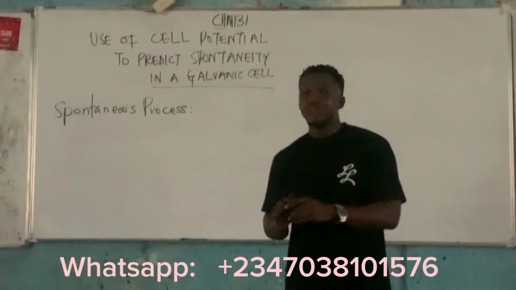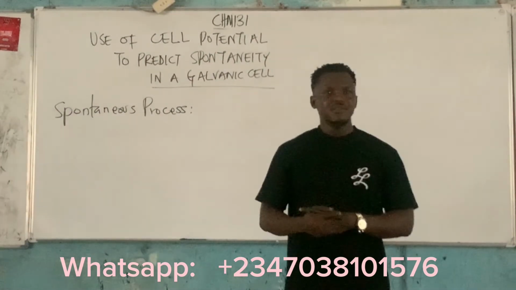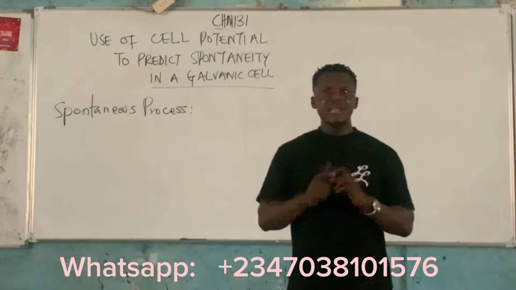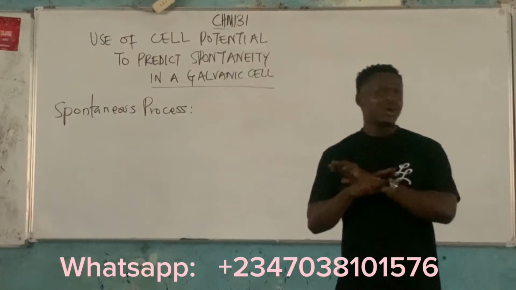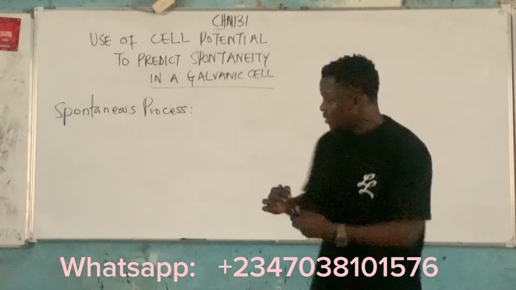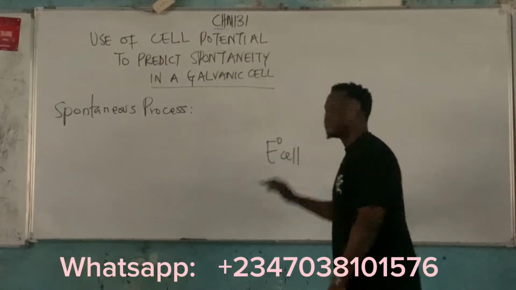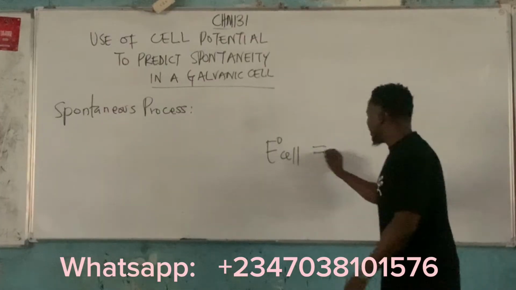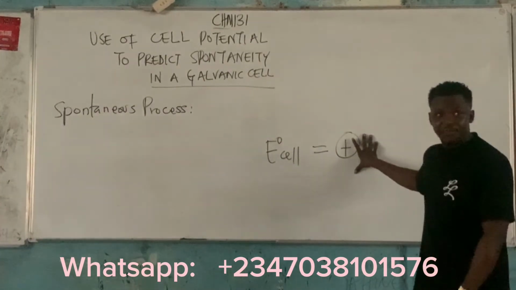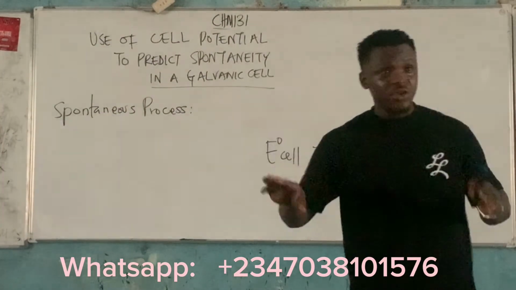Listen very carefully. Can a galvanic cell be constructed? Anytime you see those kinds of questions, you don't have to panic. They don't expect you to carry shovel and machete and be constructing it. All you need to do is solve for your cell potential. If the answer of the cell potential is positive, it means that the reaction inside the cell is spontaneous.